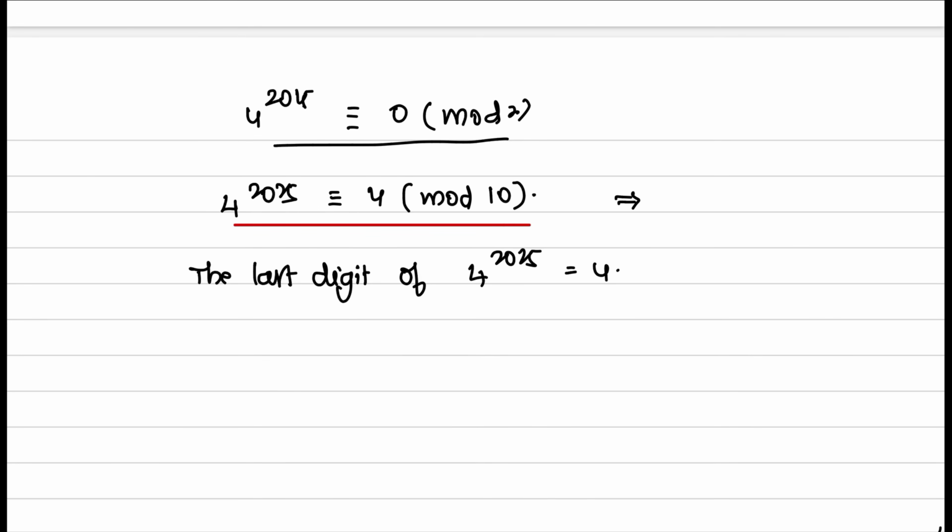Now let us see another way of finding the last digit of 4 to the power of something. Four into 4 is equal to 16. 6 into 4 is equal to 24. Again 4 into 4 is equal to 16. That means the last digit oscillates between 4 and 6.